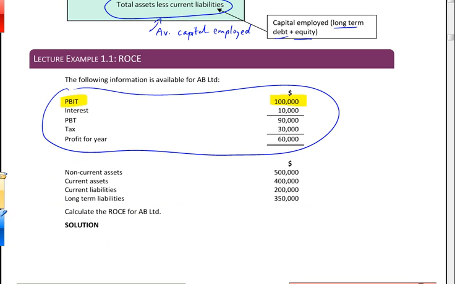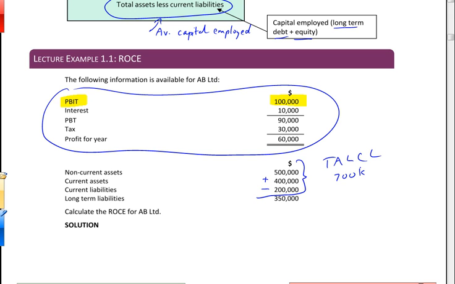So if we look at our information from the statement of financial position, we have the non-current assets. If we add the current assets and deduct the current liabilities, that will give us our total assets less our current liabilities, and that gives us 700,000.